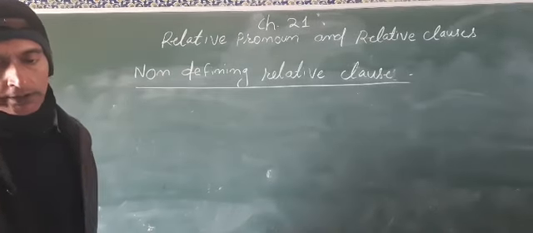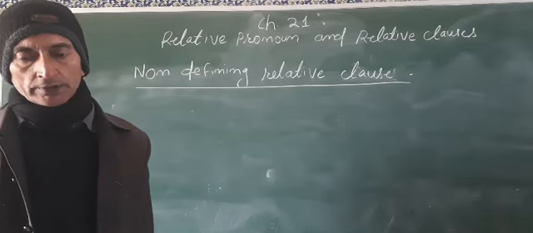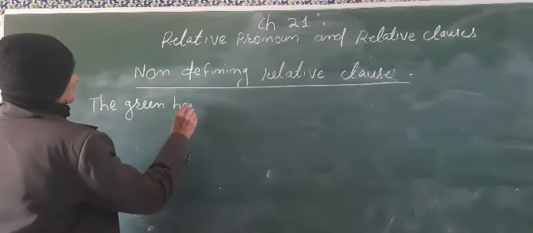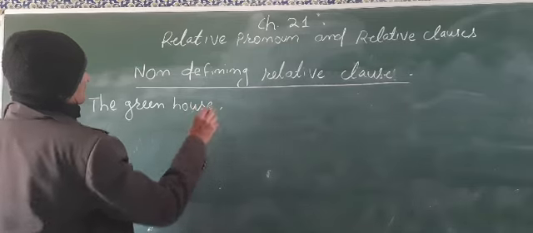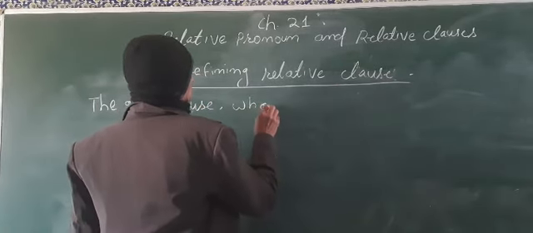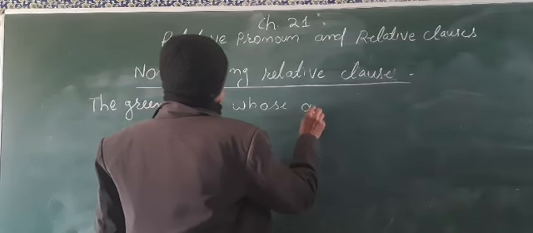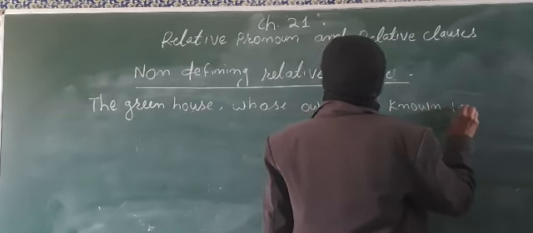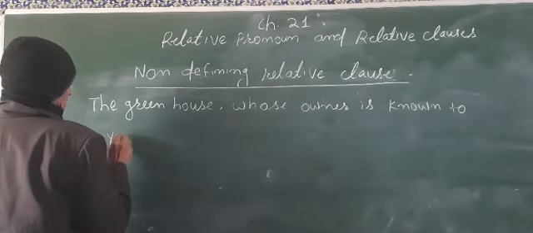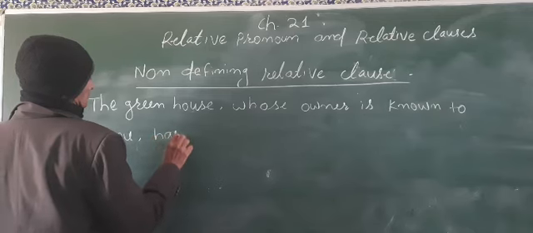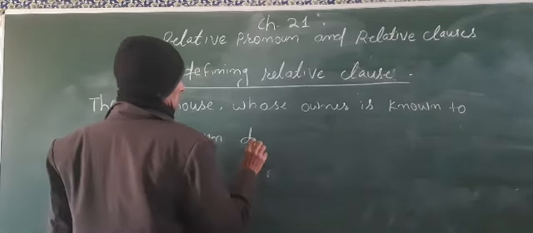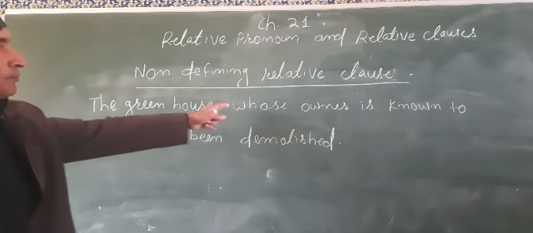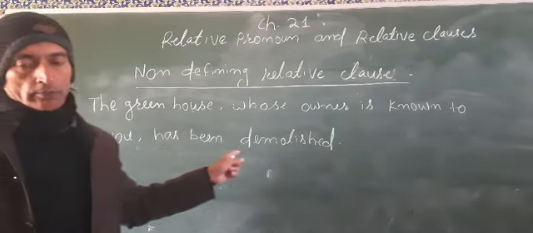Next example: the greenhouse, whose owner is known to you, has been demolished.